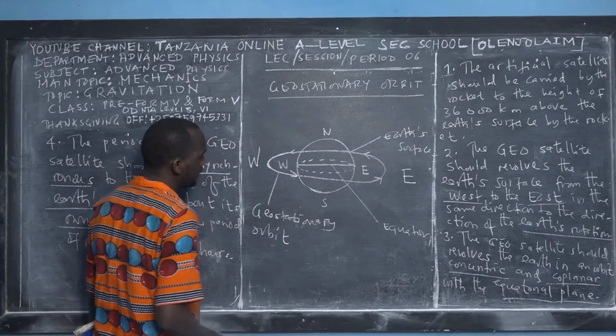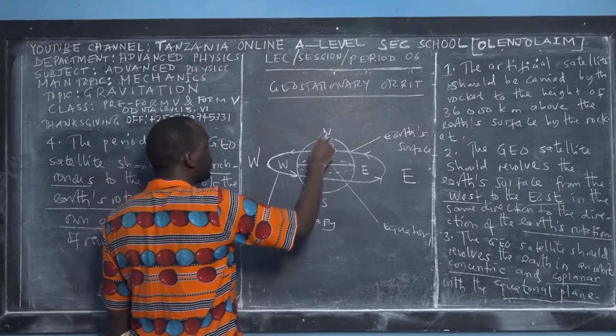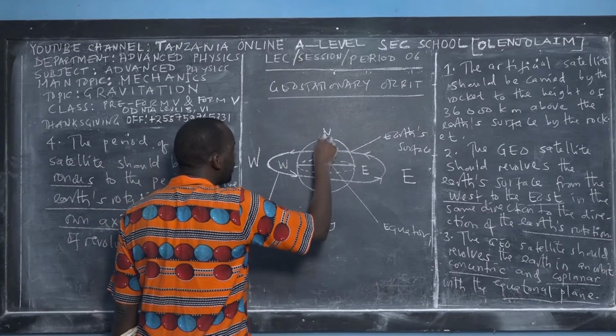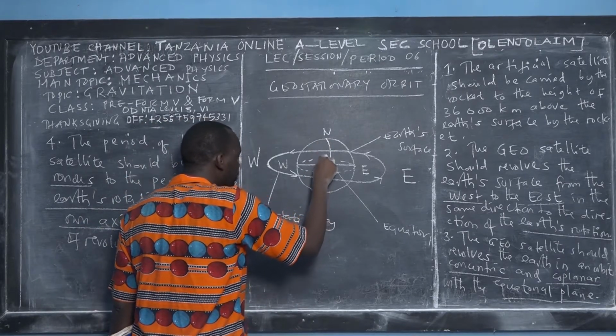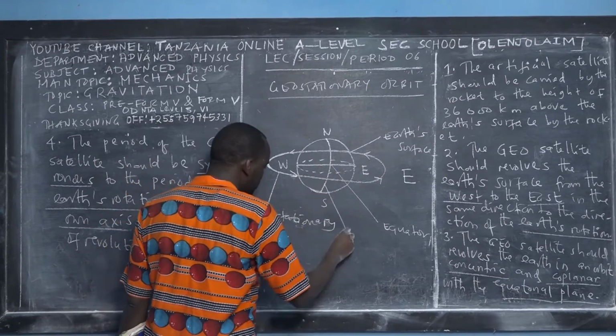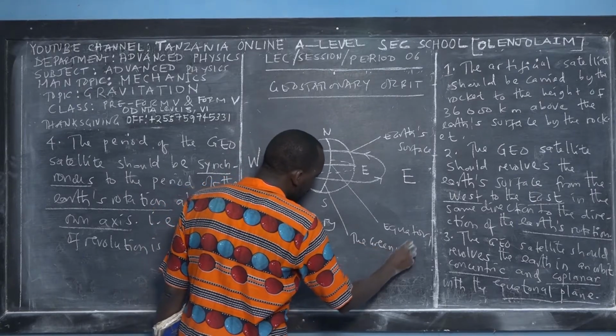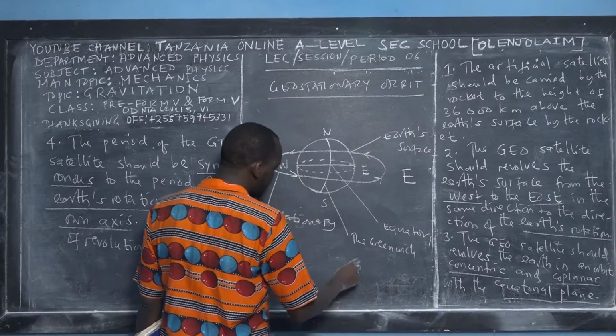And this, the S is the surface, yes, north pole, south pole. We can also have the longitude, the main one, we call it the Greenwich meridian.